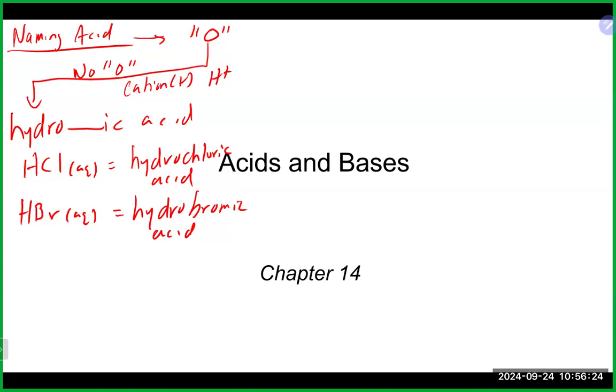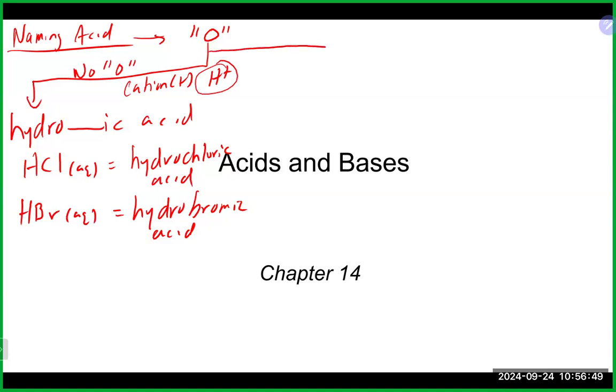The anion is whatever it's attached to. We typically put aqueous next to acids because they are in solution, and that's what makes them acid: the ability to release one of those H pluses. That's also why HCl in the gas phase is called hydrogen chloride gas, not hydrochloric acid. So that aq is typically written next to acid formulas.